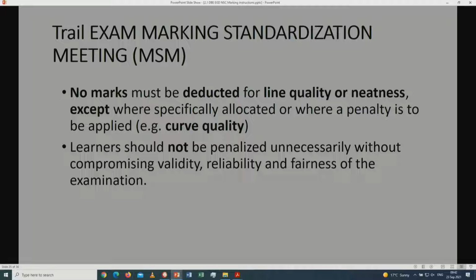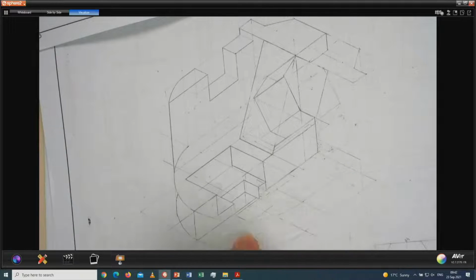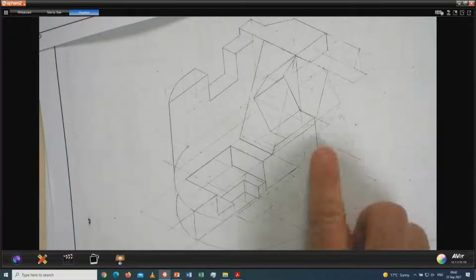All right, so also, if say for instance, a learner has got some extra parts, let's say for instance with the isometric drawing, for part of the isometric drawing, this part over here wasn't asked because it's a section drawing over here, but he did this.